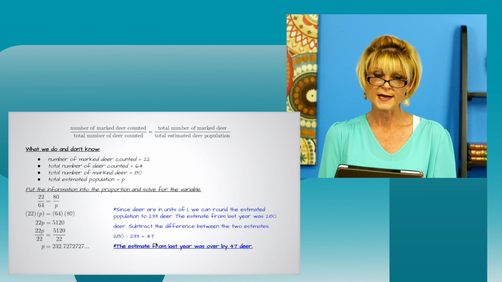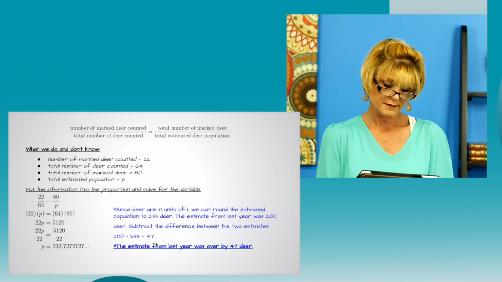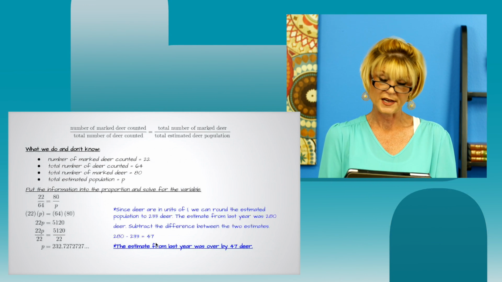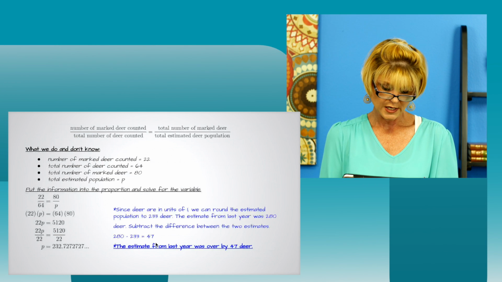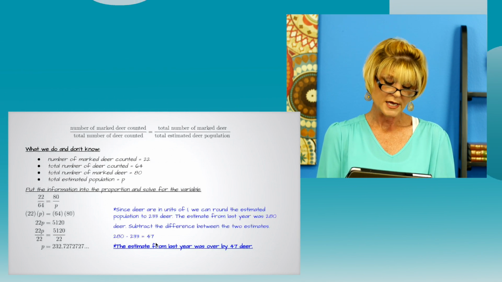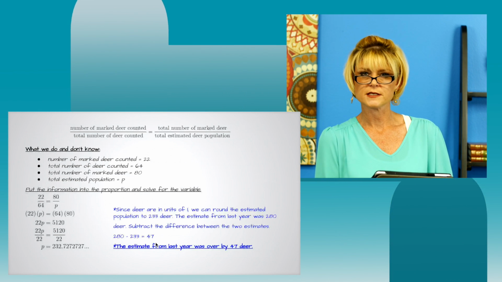We cross multiply and we get 22P equals 64 times 80. 22P equals 5,120. Divide both sides by 22. And we get a P equaling 232.7272. We have a repeating decimal there. So let's look at what it says here in blue.